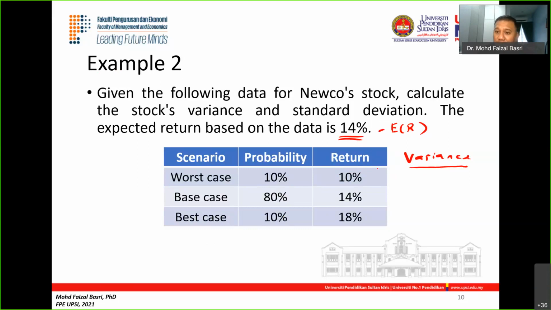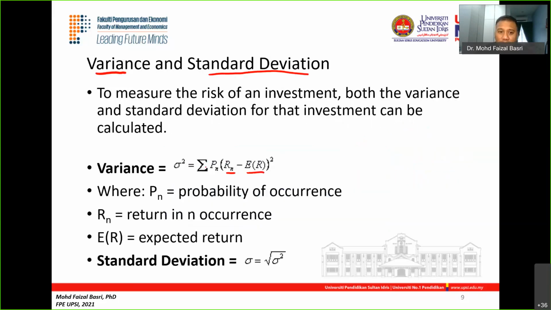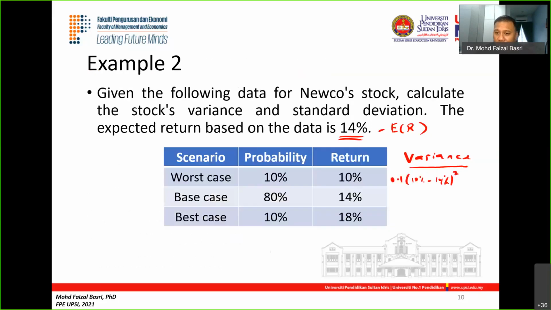This is probability times the difference of Rn minus ER squared. So 10 minus 14 is negative 4, squared is 16, times 0.1, so you have 1.6 here.